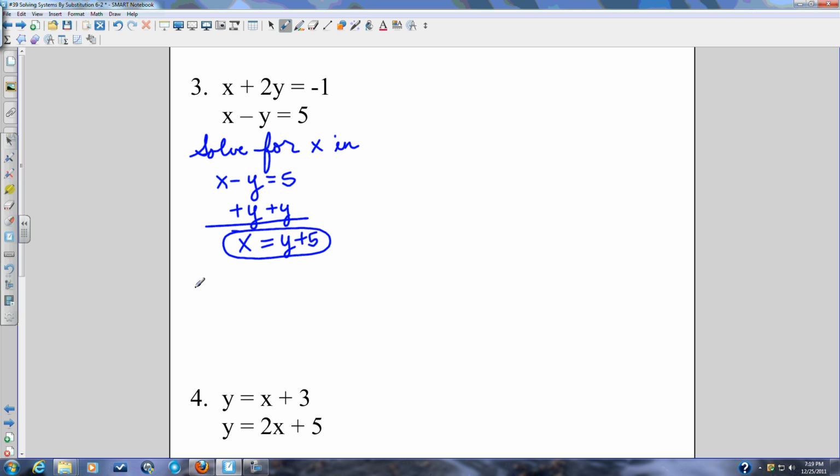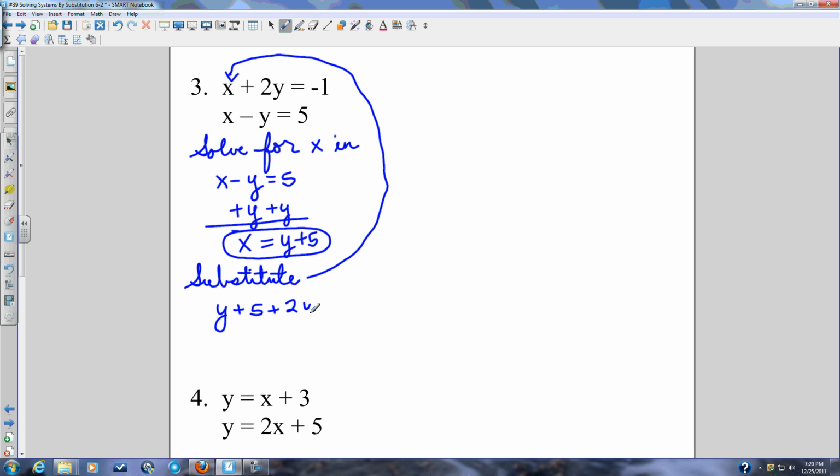Now, what we're going to do is substitute that expression into the other equation we haven't used in place of x. So going back to the first equation, which we had not used, I'm going to put y plus 5 in place of x. So I've got y plus 5 plus 2y equals negative 1.